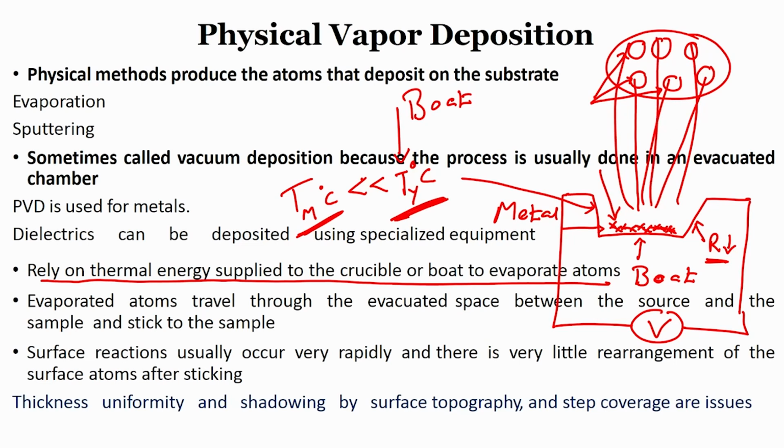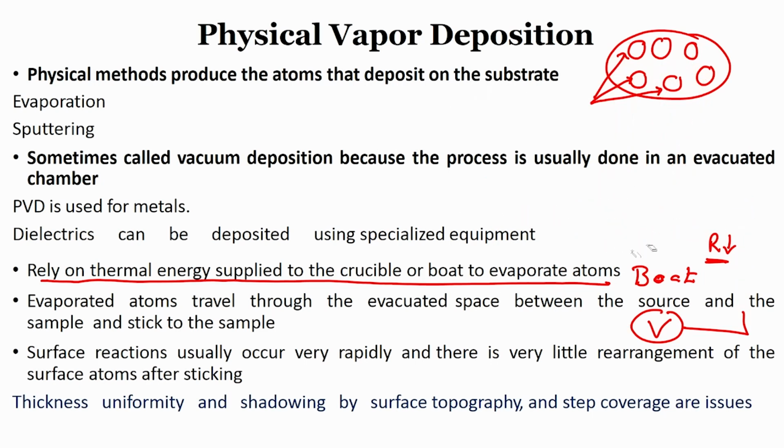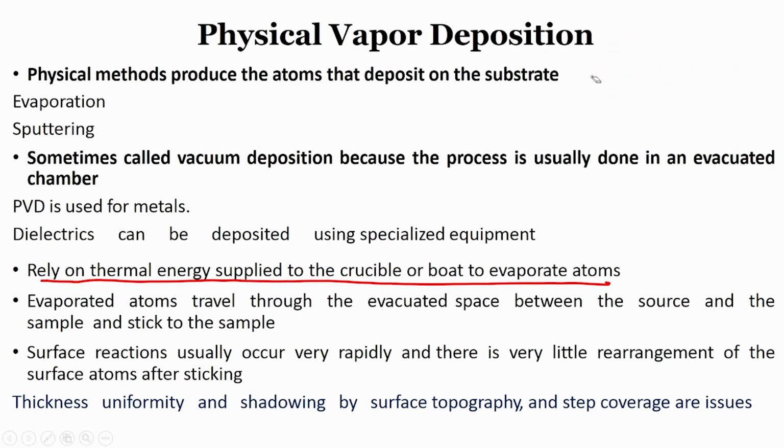That is why what we are saying in this statement is that when you use physical vapor deposition, it has to rely on the thermal energy supplied to the crucible or boat to evaporate atoms.